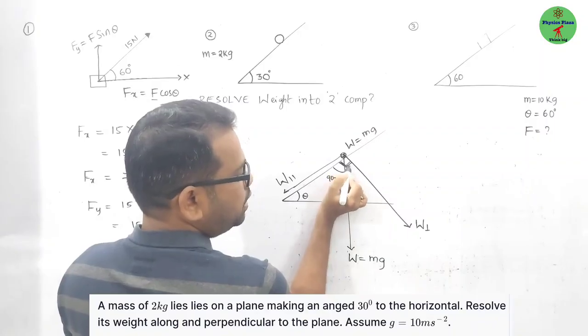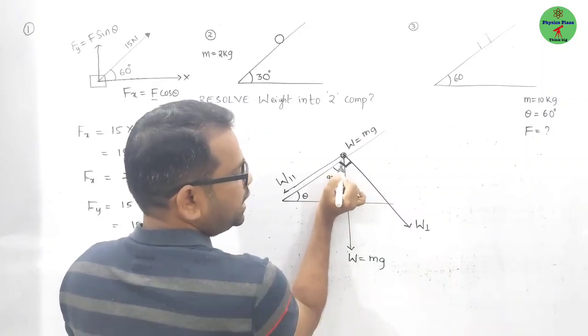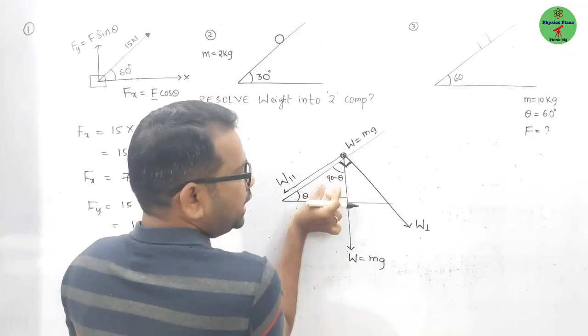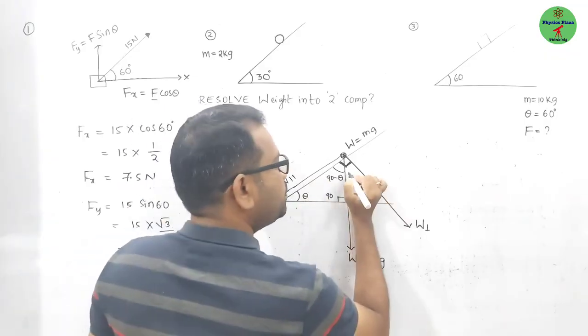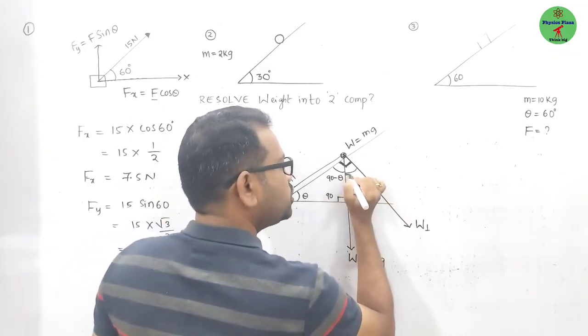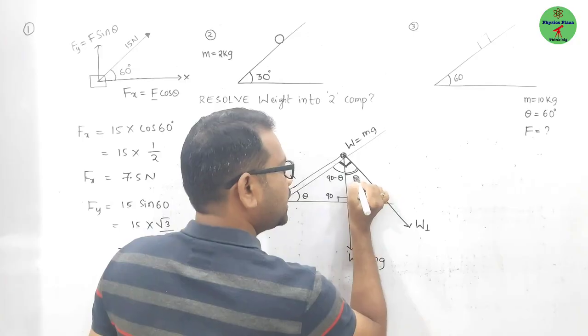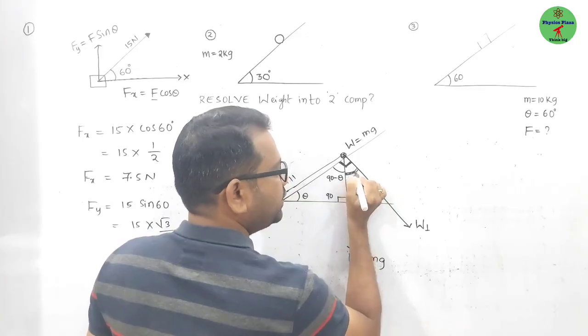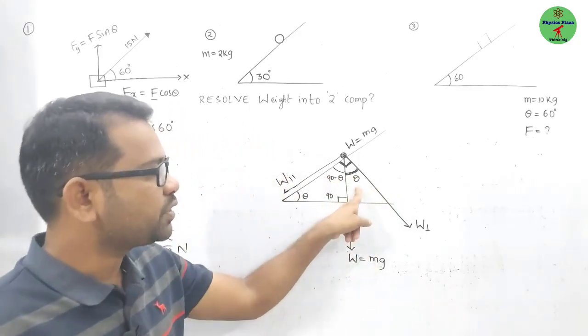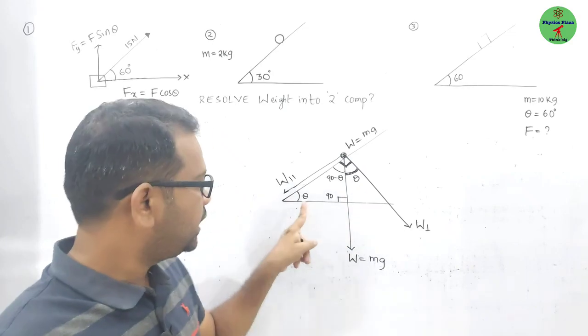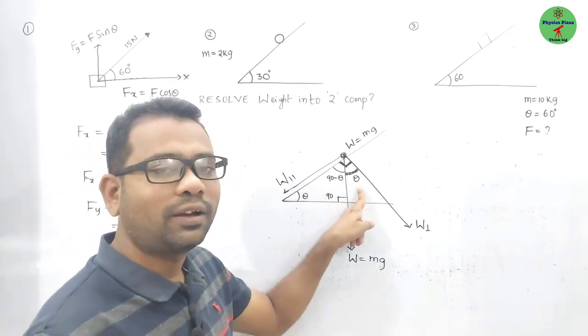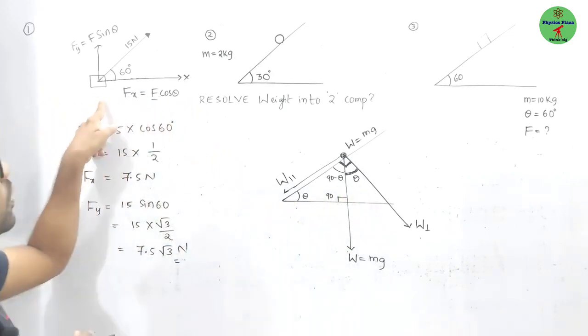But don't you think, children, this is 90 degrees? Yes, because it is the vertical component to the plane. So as this total is 90, 90 minus theta is left. Obviously, this is going to be theta. Children, understanding this angle is very important. So here is a theta, here also theta. Now just apply this concept.